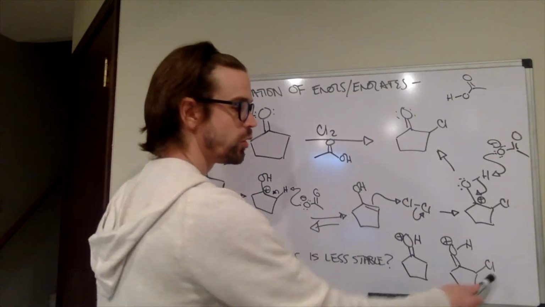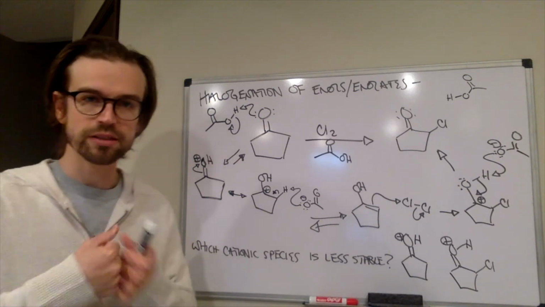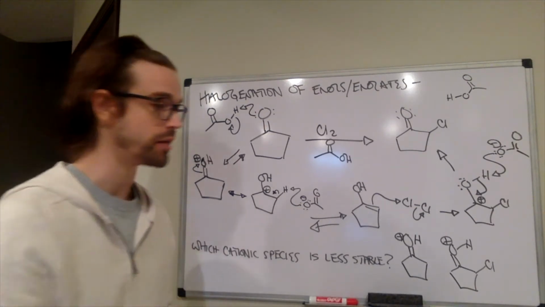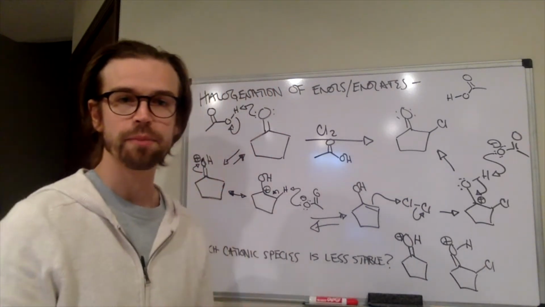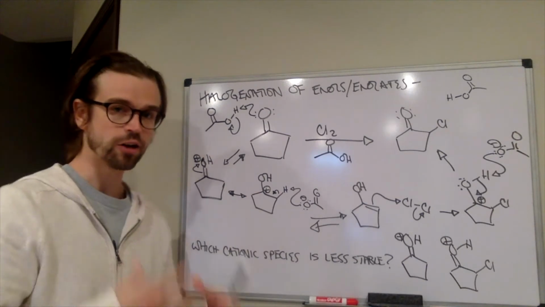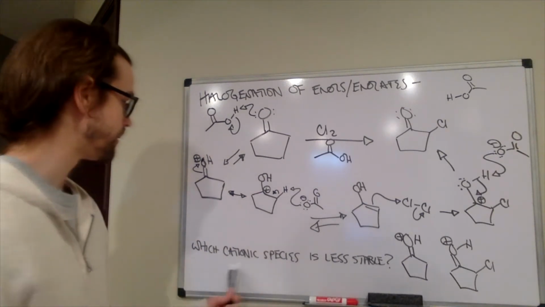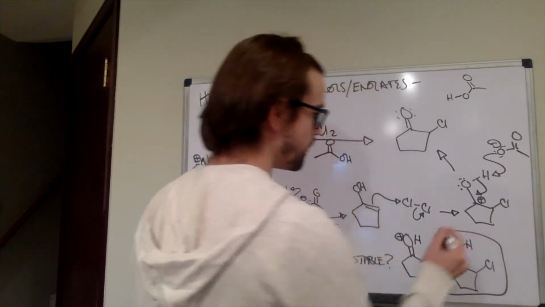But this chlorine, how is that impacting things? The chlorine's pulling electron density toward it. That's what chlorine does. It inductively withdraws. And as it pulls electron density away from that positive, it makes the positive more unstable. We don't want a larger positive, we want a smaller positive. So which cationic species is less stable? This one is less stable.